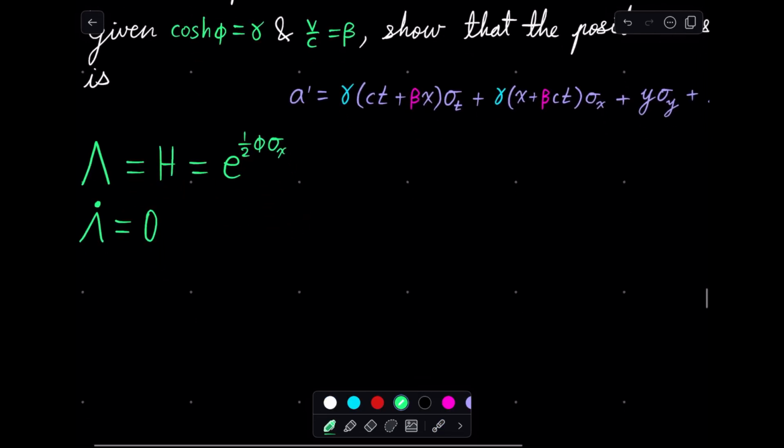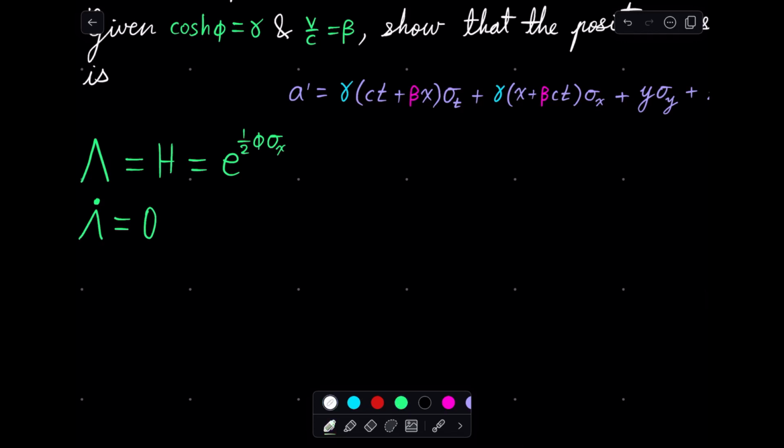And paravectors map, so we can map a paravector by saying that A prime is equal to the Lorentz rotor, A, and then lambda dagger.